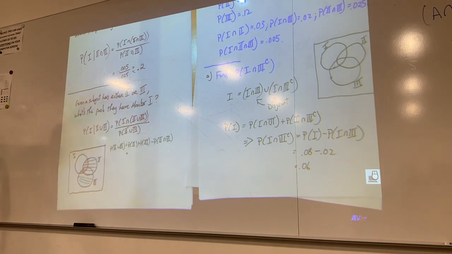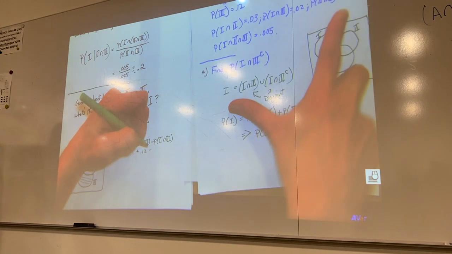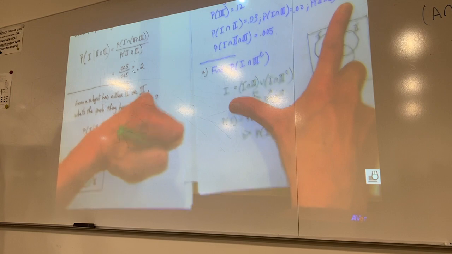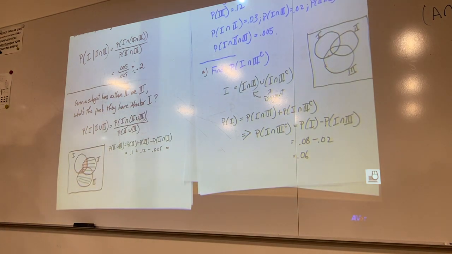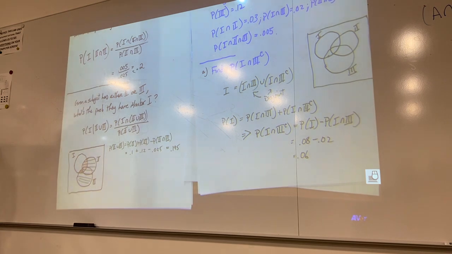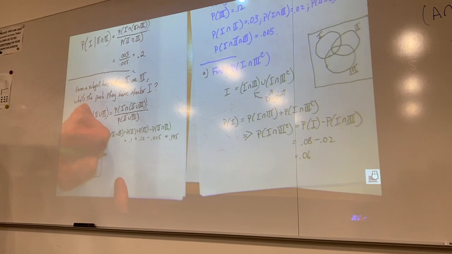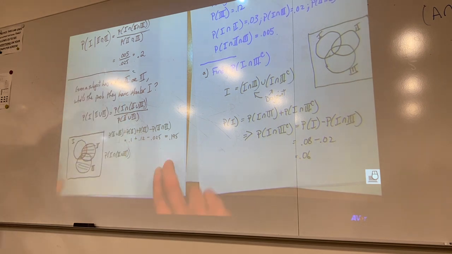So 0.1 plus 0.12 minus 0.025 gives you 0.22 minus 0.025, something like 0.195. Now for the probability of 1 and either 2 or 3, by the way, am I writing big enough?